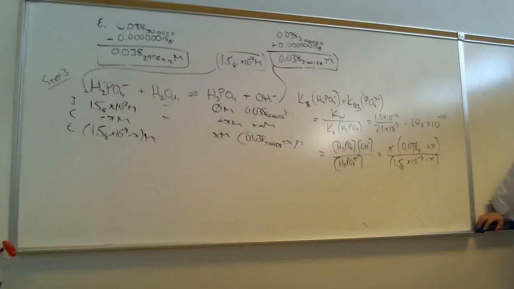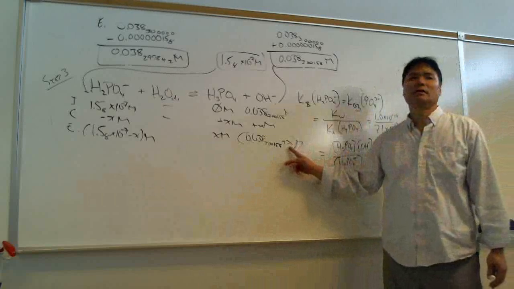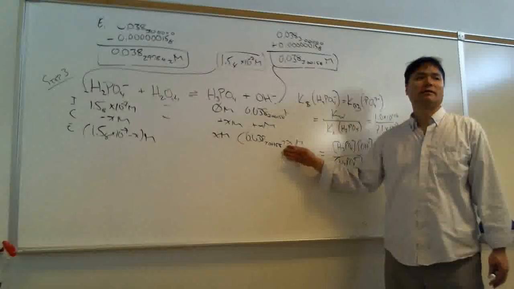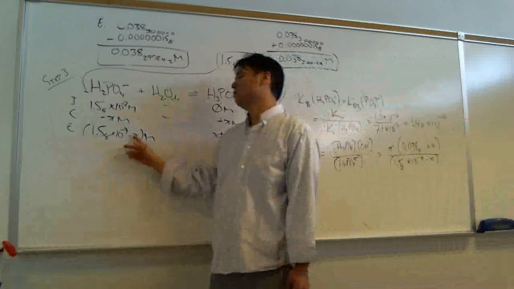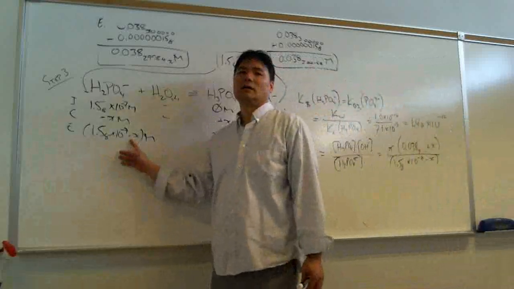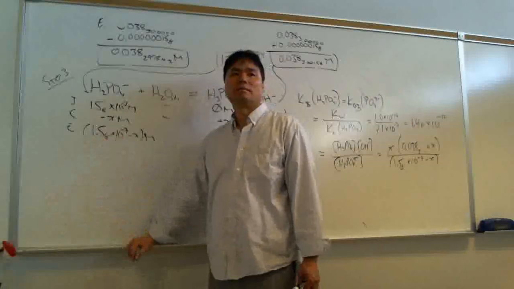What do you think? Works great? Well, over here, I'd expect x for sure to be negligible, right? To drop it out. But here, I would start to worry. Why? Because the initial is so small.